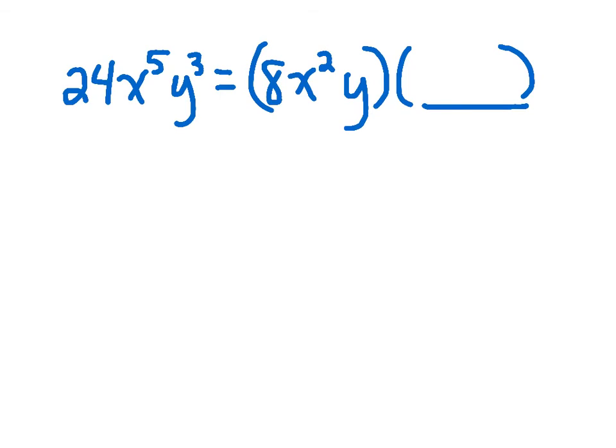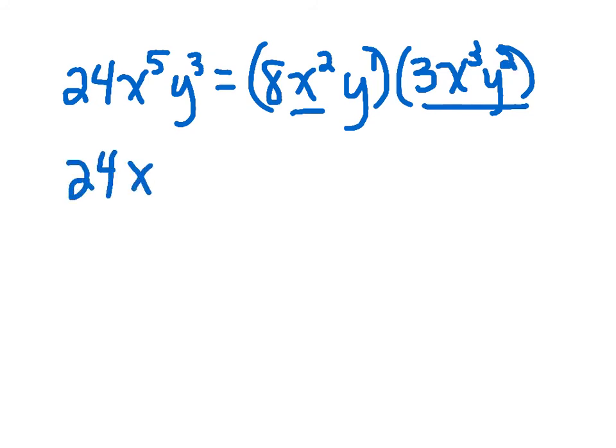Some kids just like to say, well, what's missing? 8 times what gives me 24? Everybody knows 8 times 3 is 24. X squared times what gives me x to the 5th? Well, when I'm multiplying, I'm adding exponents. So I have 2 already, I need 3 more. Y to the 1st times what gives me y to the 3rd? So that's y to the 2nd.